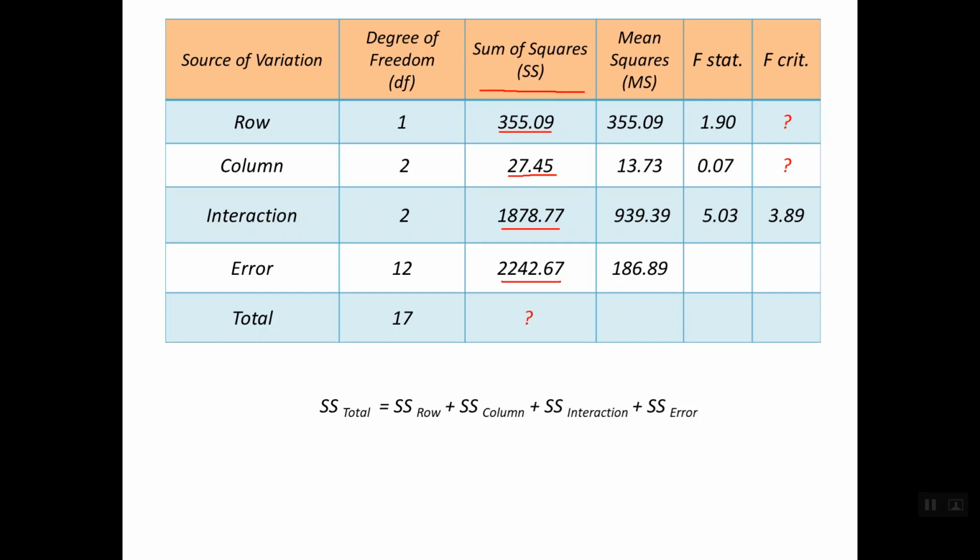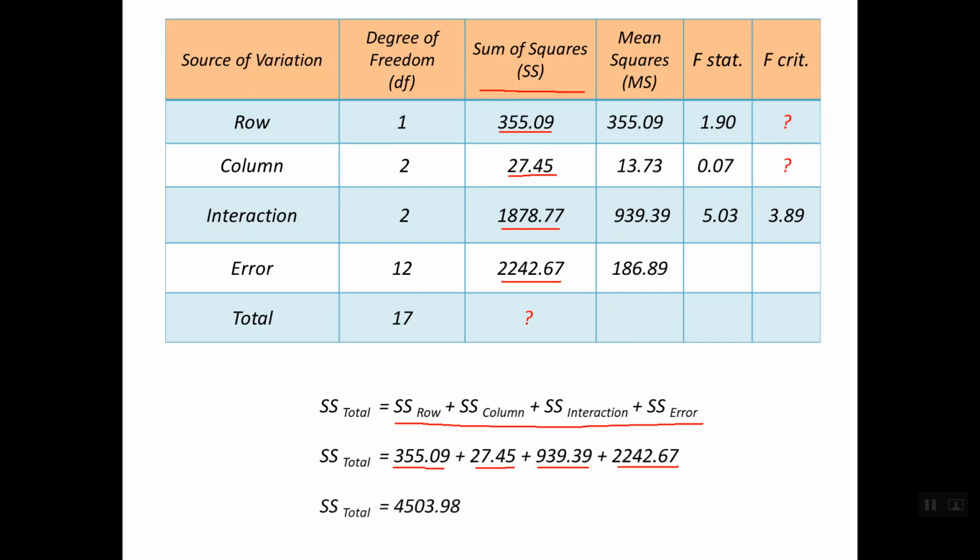So you know how to calculate the SS total by summing up all of these SS. So this is the SS for the row, the first factor, this is for the second factor, this is for the interaction, and this is for the error, and this is the value of the SS total, 4,503.98.